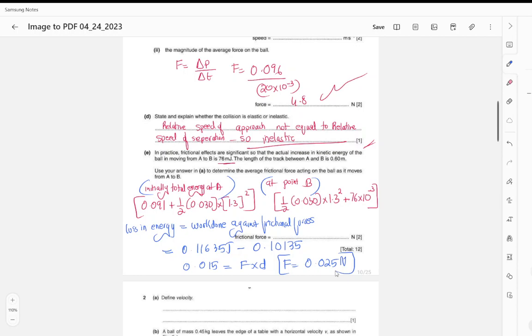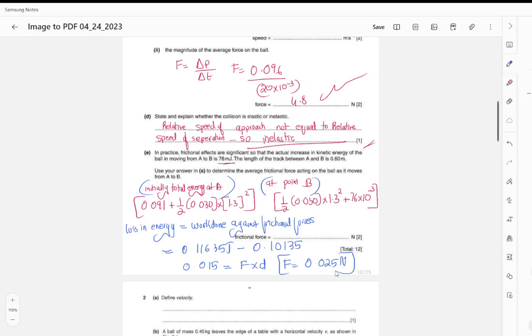Let me just verify it again. All the values 0.091 plus 0.5 multiplied by 0.030 multiplied by 1.3 whole square, and then subtracting the value, which is actually 0.5 multiplied by 0.030. I hope it was actually 0.03.